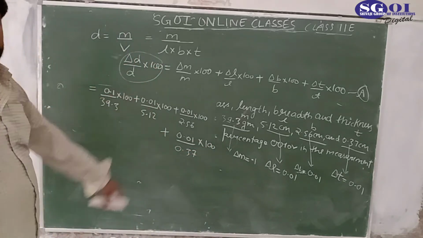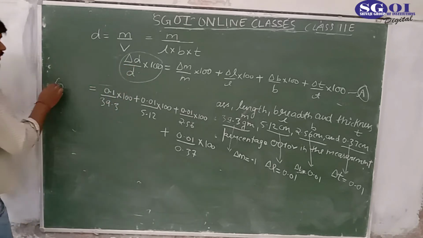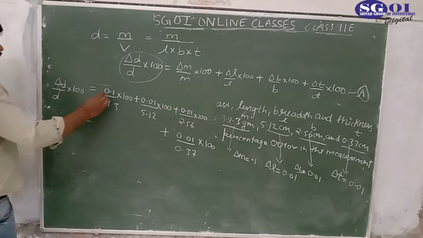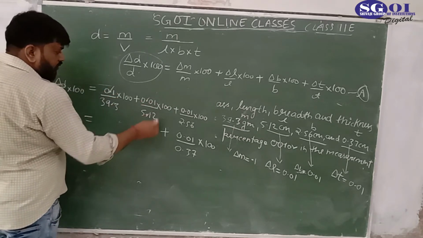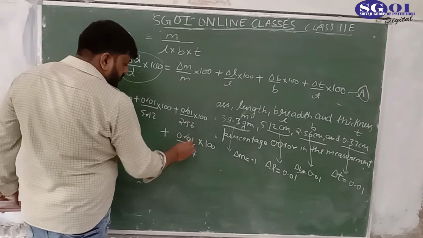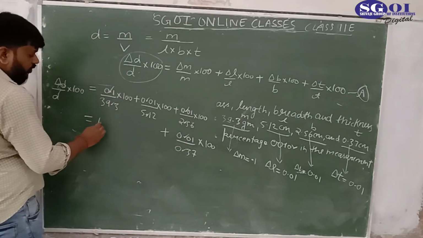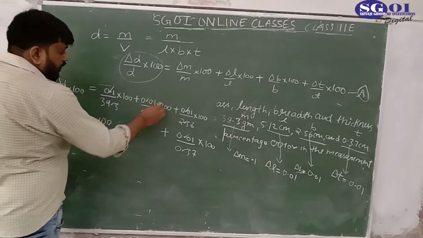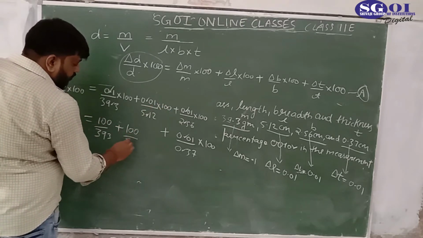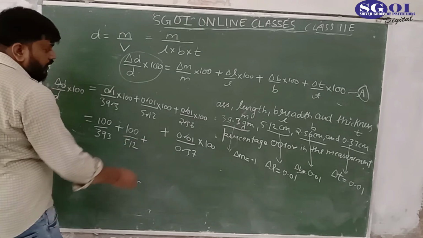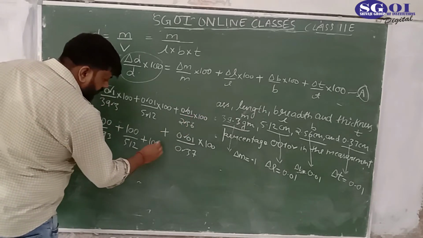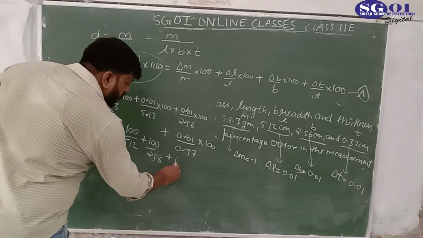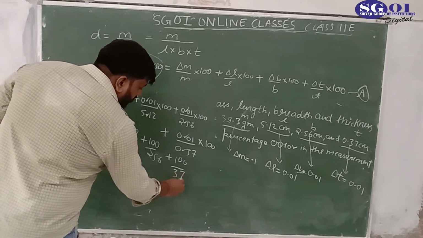We have to solve this. The decimal points cancel out, so it would be 100 upon 393 plus 100 upon 512 plus 100 upon 256 plus 100 upon 37.